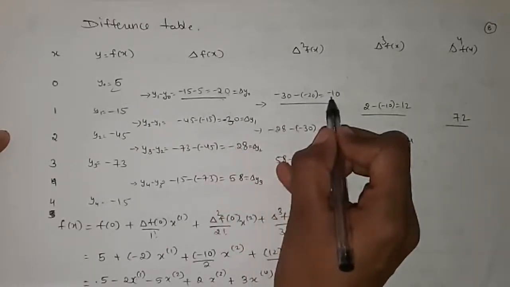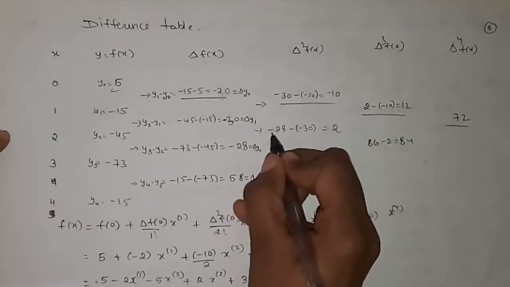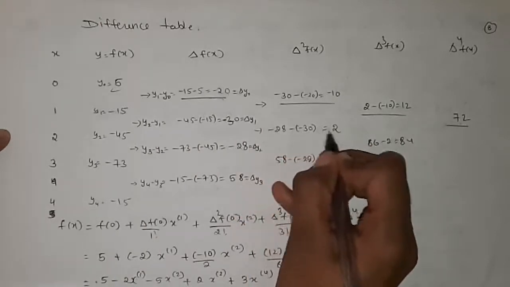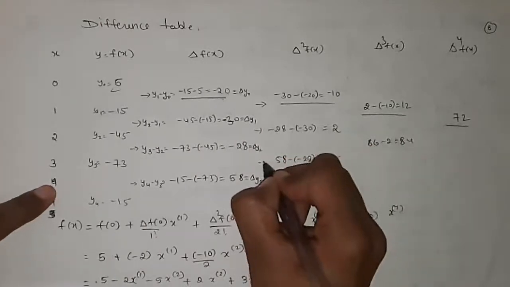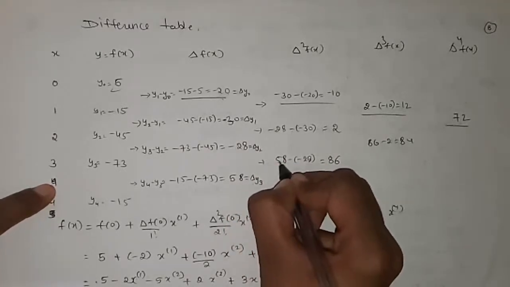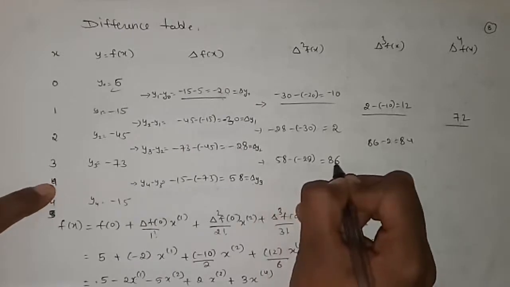This is equal to minus 10. Now for this, delta y2 minus delta y1, which is equal to minus 28 minus minus of 30, which is equal to 2. Here we have delta y3 minus delta y2, which is equal to 58 minus minus 28. This is equal to 86.